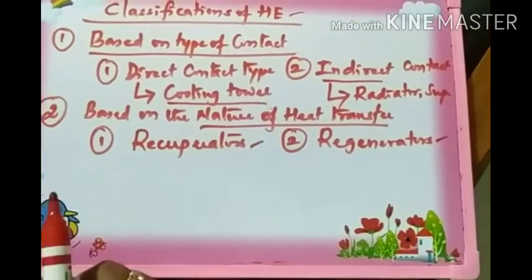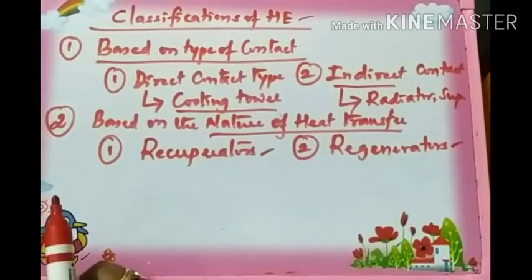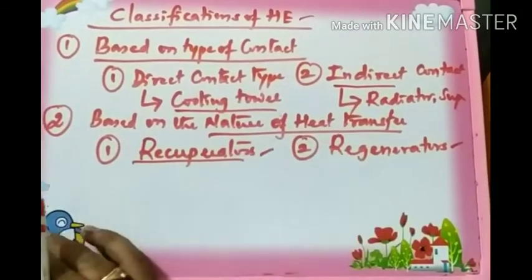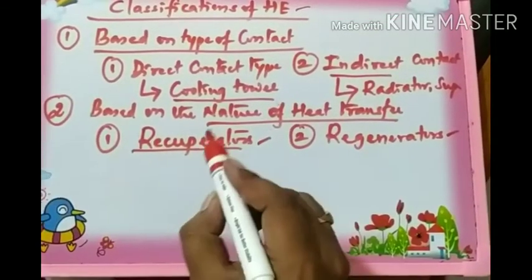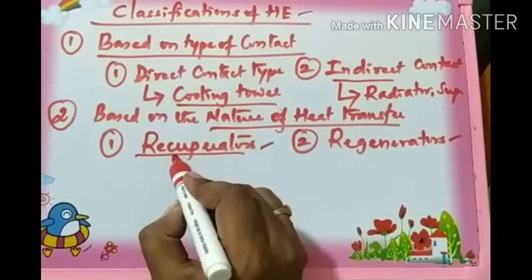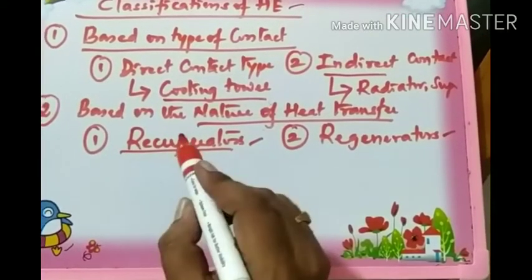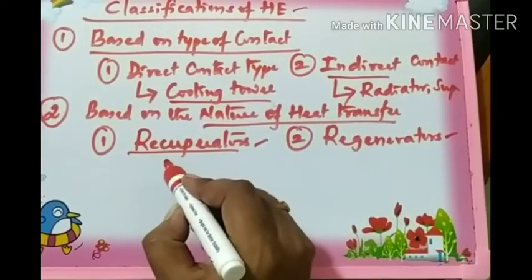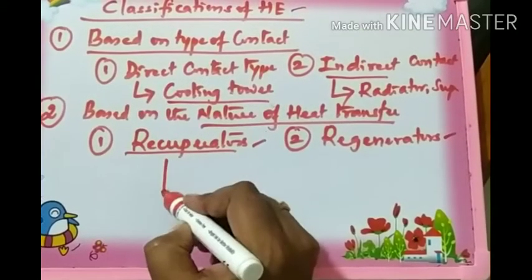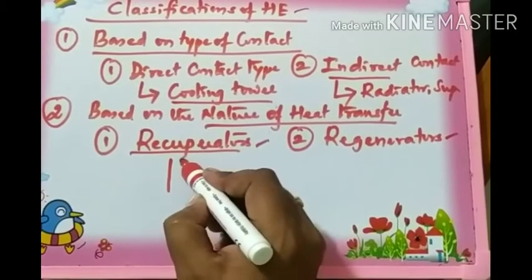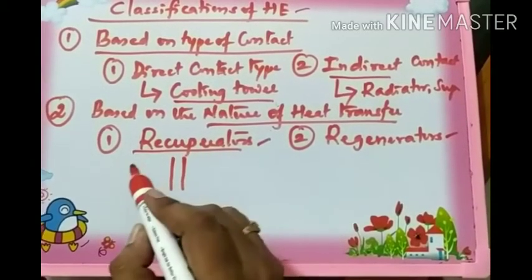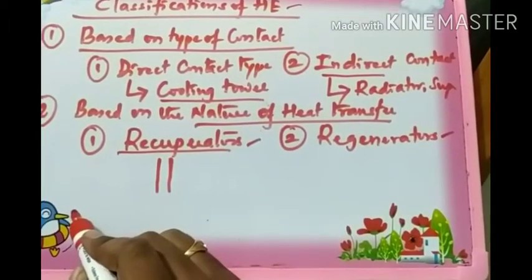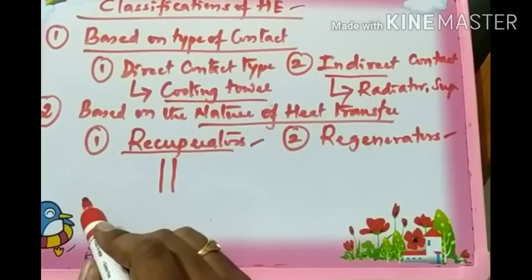Now let us understand what recuperators are. Recuperators are the heat exchangers in which the two fluids which are supposed to exchange the energy flow simultaneously across a separating wall such that they exchange the energy.